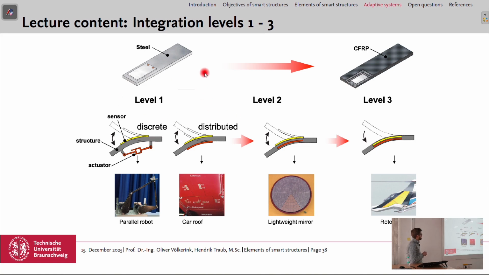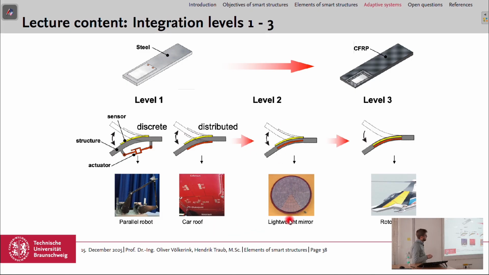So if you have, let's say, a metal structure, you can only apply things. You have level 1, for example, the parallel robot. And here's also an example of the car roof I showed for noise reduction, where you can see the car roof from inside, which is made from metal with the applied piezo composite transducers.